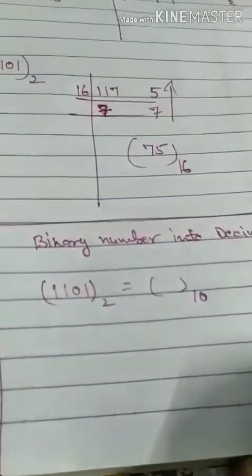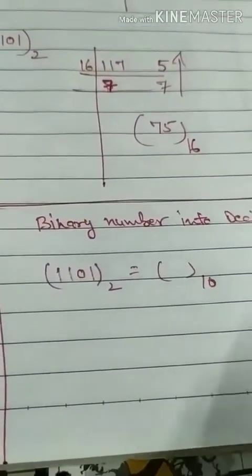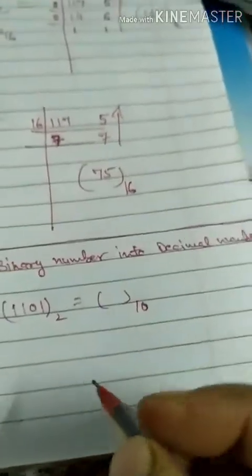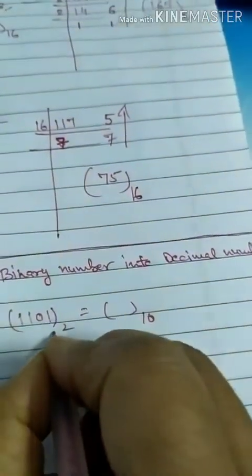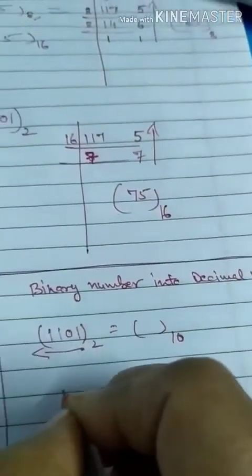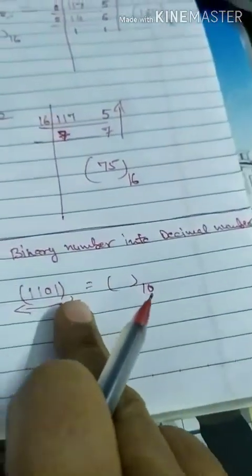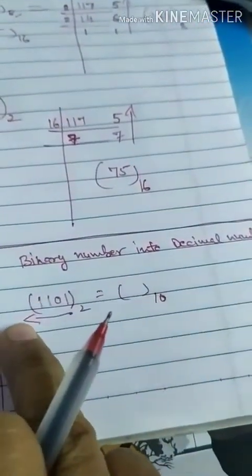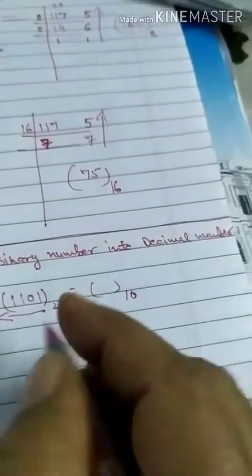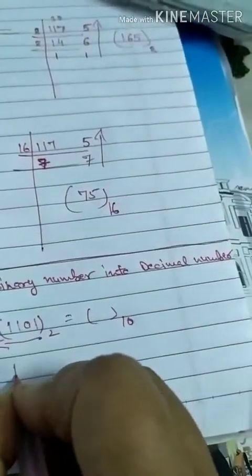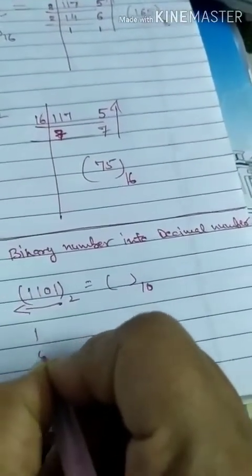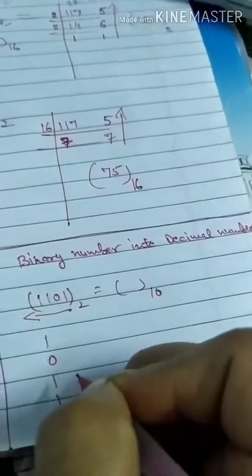How? First, draw the arrow from right to left. Then 1 0 1 1.